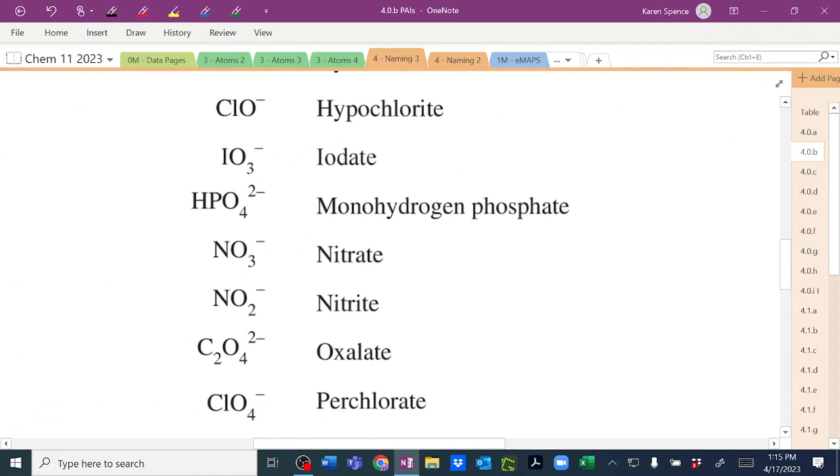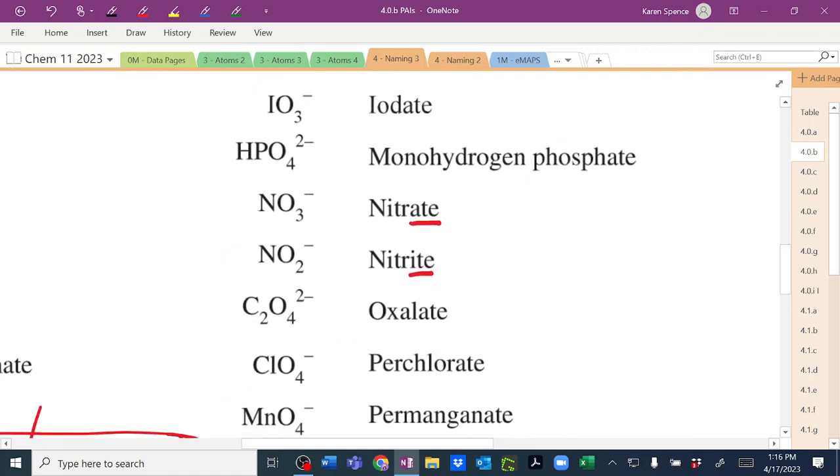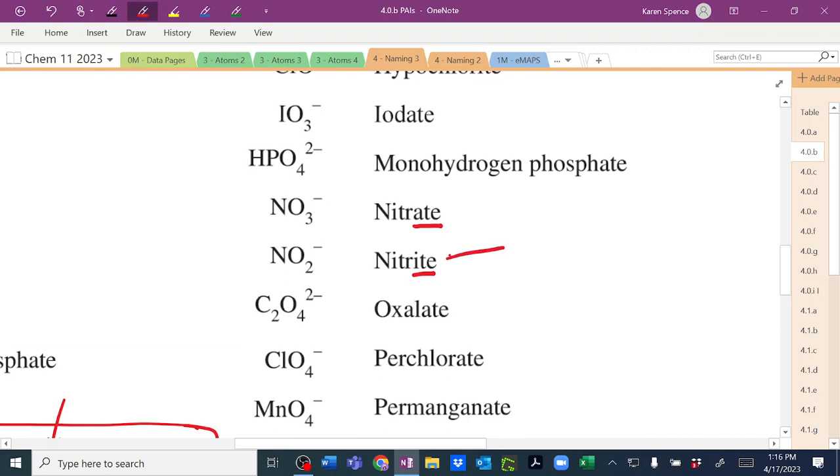Nitrate and nitrite. The -ite has one less oxygen than the -ate. Any others?